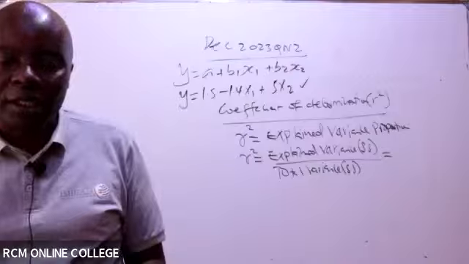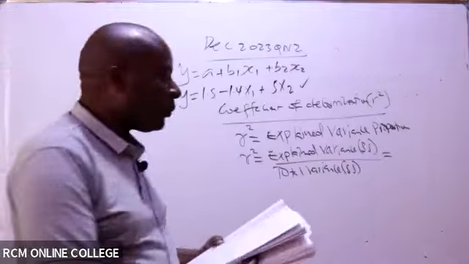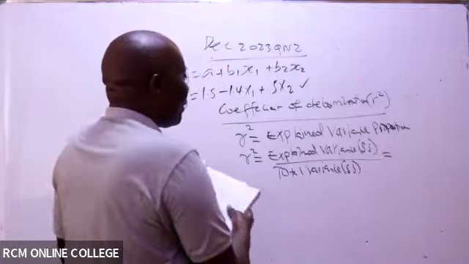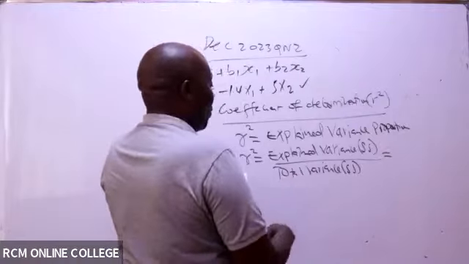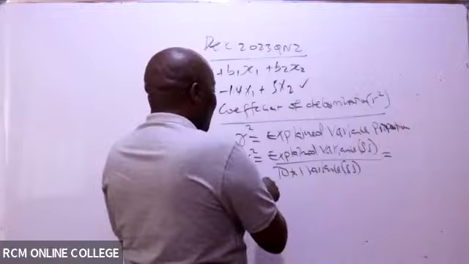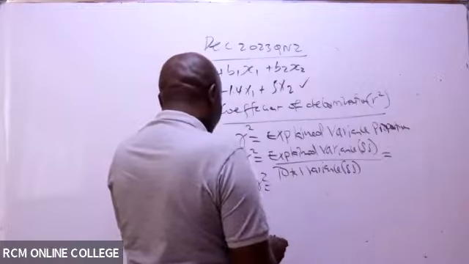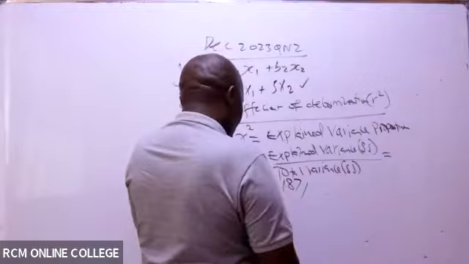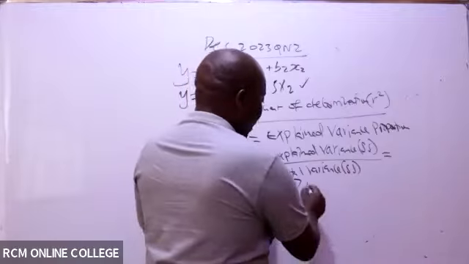You see, model is explained. It is what the model is able to explain. So in this case, our r squared will be the explained sum of squares, which is 187, all over the total variance, total, which is 191.